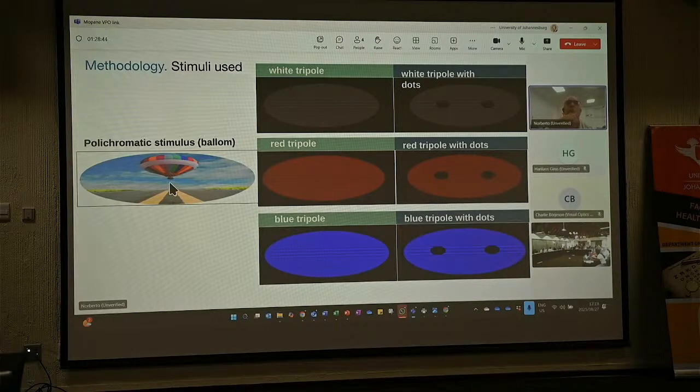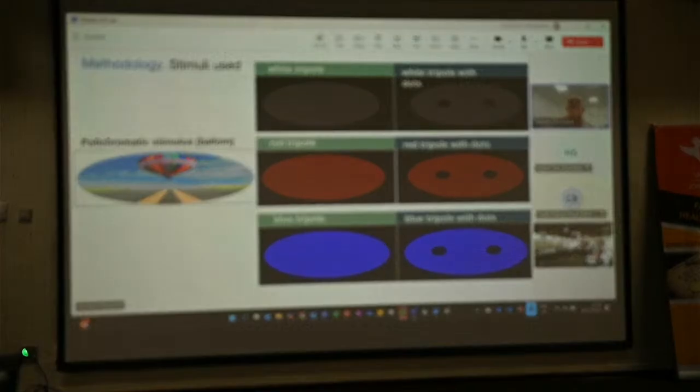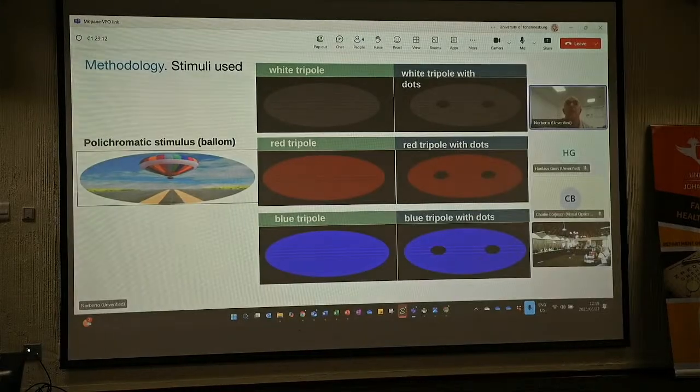In this case, a balloon at the end of the road, and then the tripole in white or gray, the same tripole with dots, then the red tripole, the same with dots, and then the blue tripole, and the same with dots. For these 7 stimuli, we get the accommodation response.